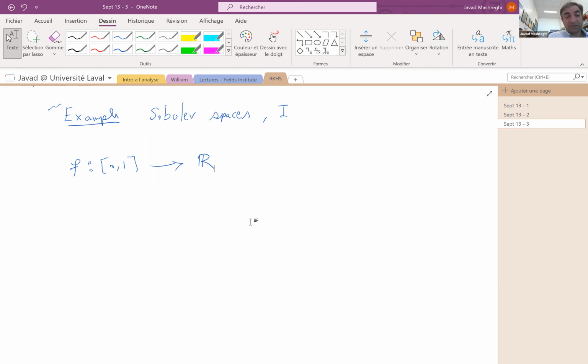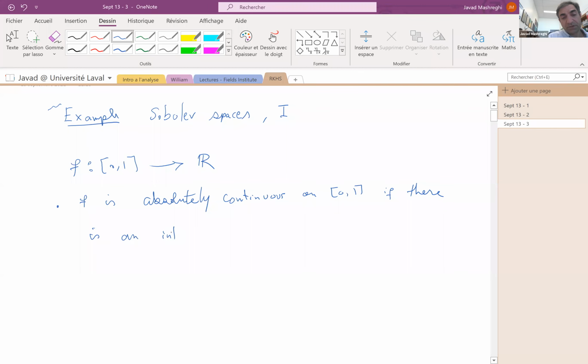One way to define it is this way. f is absolutely continuous on [0, 1] if there is an integrable function g on [0, 1].